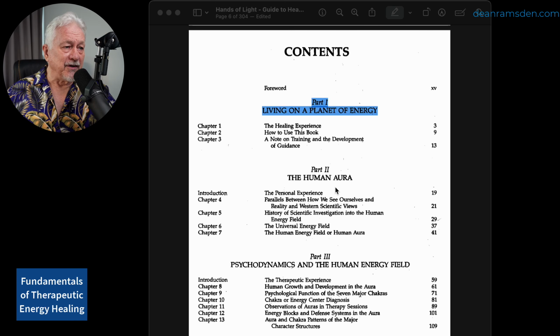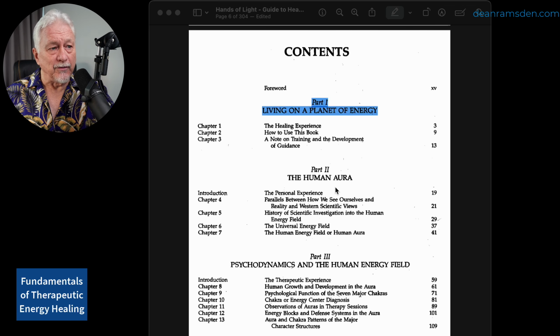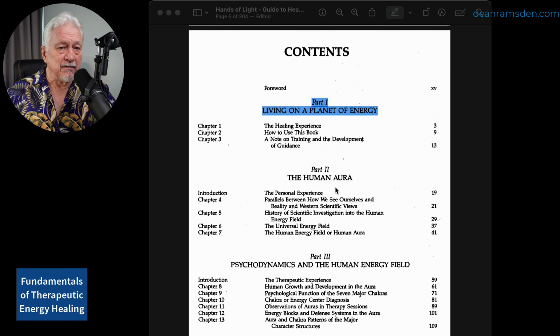This is really just an introduction to how she uses her healing work and her interaction with her spirit guide. And it also makes note of the fact that this book, Hands of Light, was actually designed to be a teaching manual. It was like a very, very large pamphlet of her teaching process.